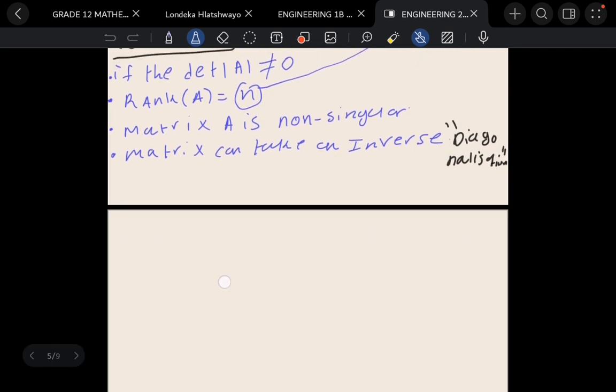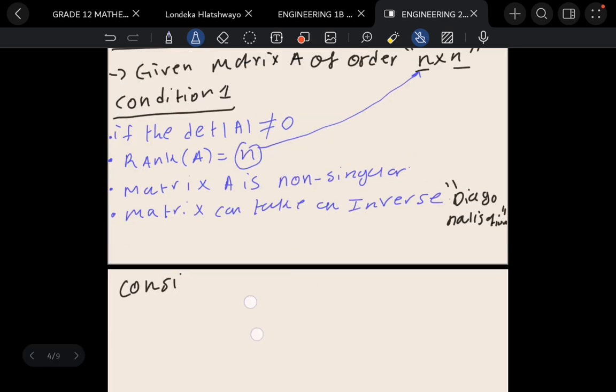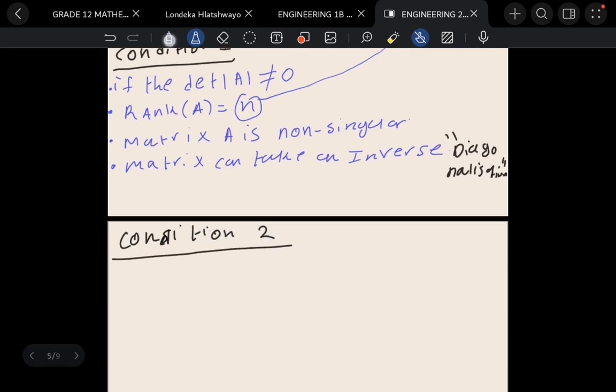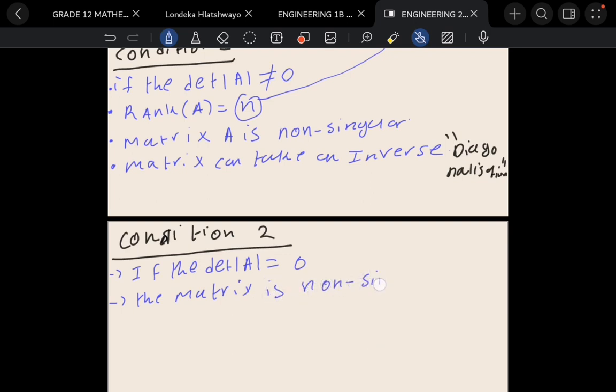All right, let's look at condition 2. Now, what is condition 2? If the determinant of A is equal to 0, the matrix is singular.